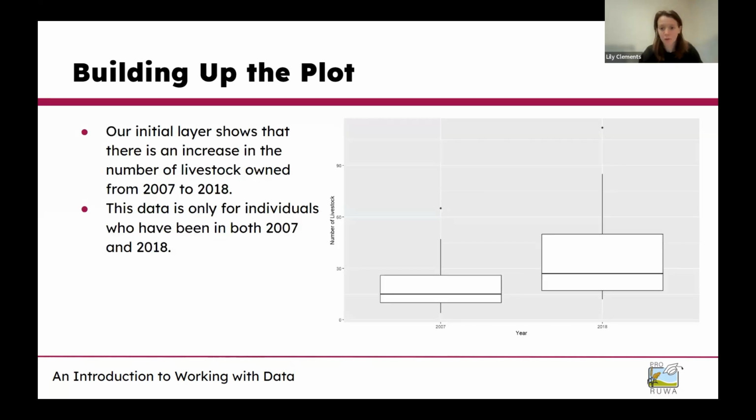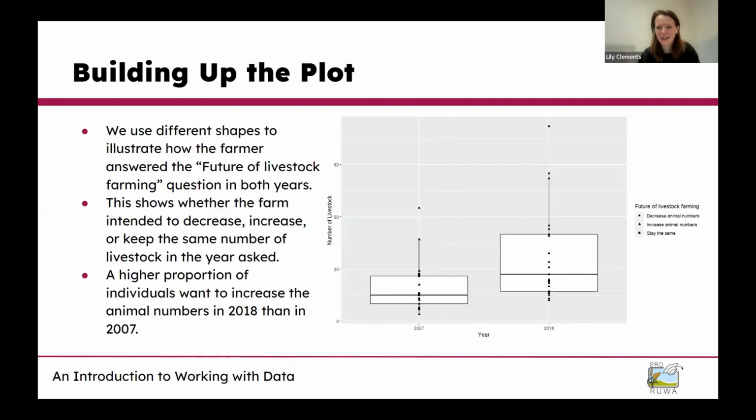So we had our box plot before, which was our initial layer, which gave the overall idea of the number of livestock in both of our years, for each household. And now we've added this layer on it.